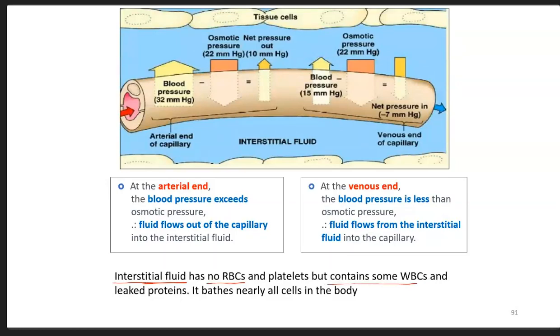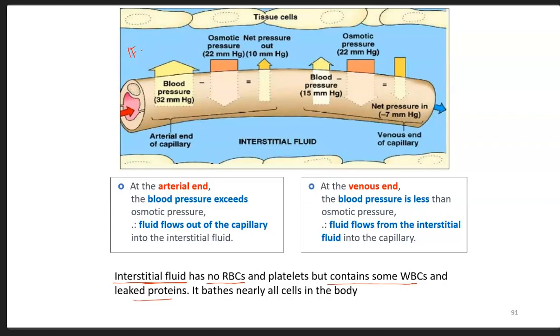Characteristics of blood capillaries is that they are porous, so the white blood cells can slip out of the blood capillaries, and there will also be leaked protein, so it bathes nearly all cells in the body. So the blue area here is the interstitial fluid.